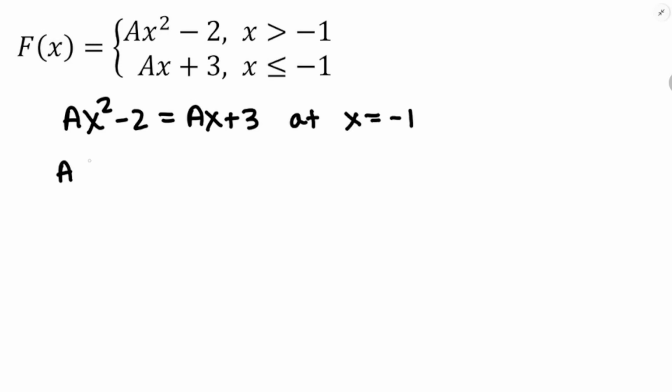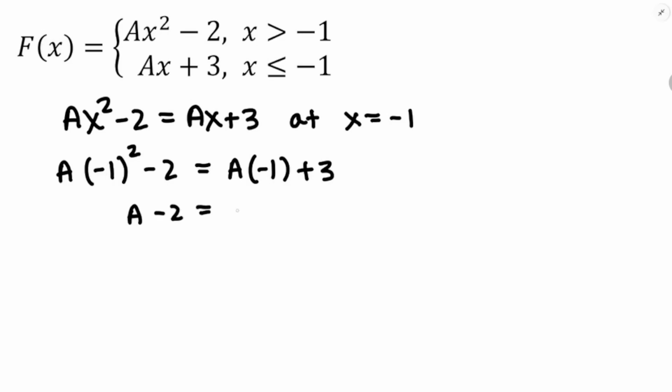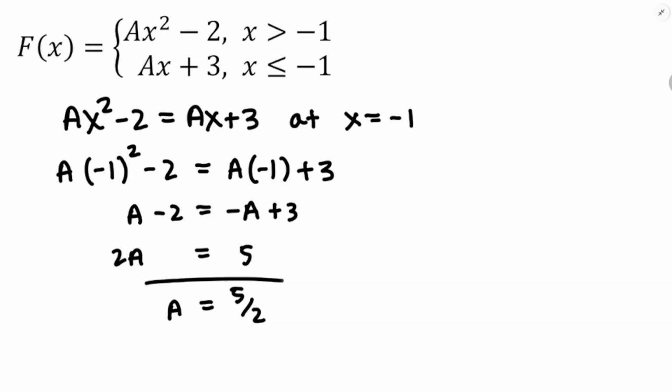So a times negative 1 squared, subtract 2, is going to be a times negative 1 plus 3. So negative 1 squared, positive 1, negative a plus 3. I'm going to add another a to both sides, and add 2 to both sides, and I'll get a is 5 halves.